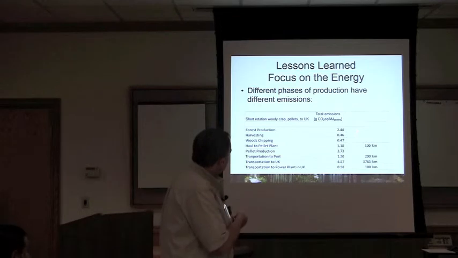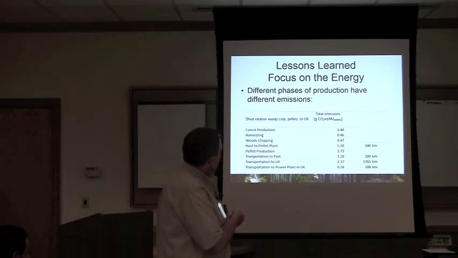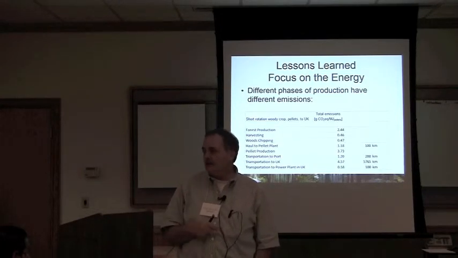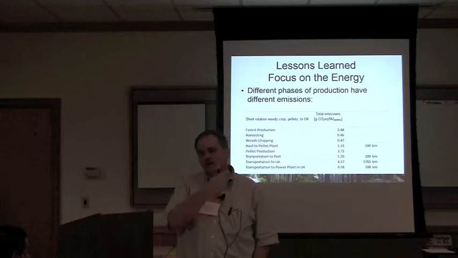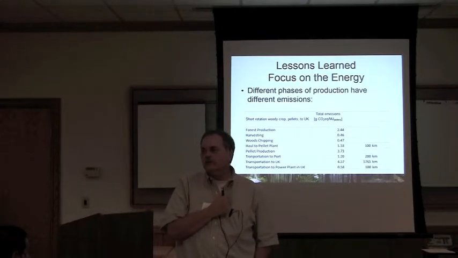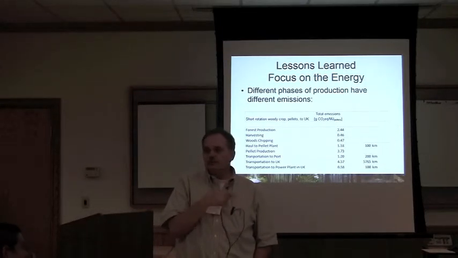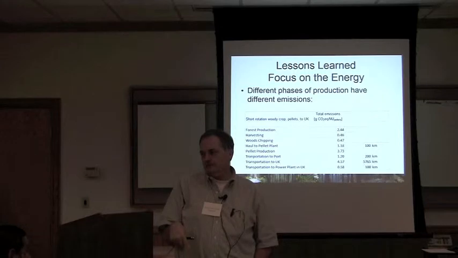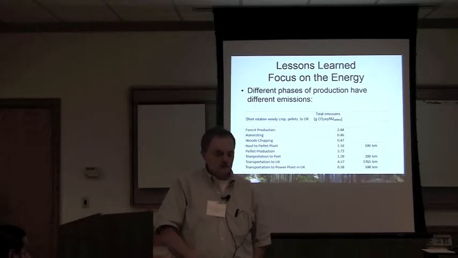So all the stages, and you can see that yes, that transportation to Europe, that's a pretty big number, but not all that big compared to making the pellets in the first place. And these are the kinds of calculations Europe is needing to do to prove that if they buy the pellets in the U.S., they're actually decreasing their carbon footprint. So they're tracking these things.